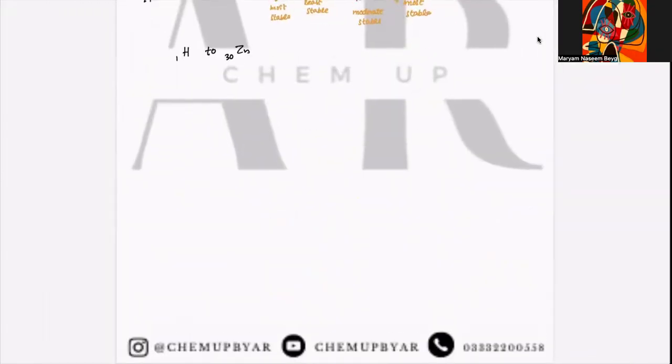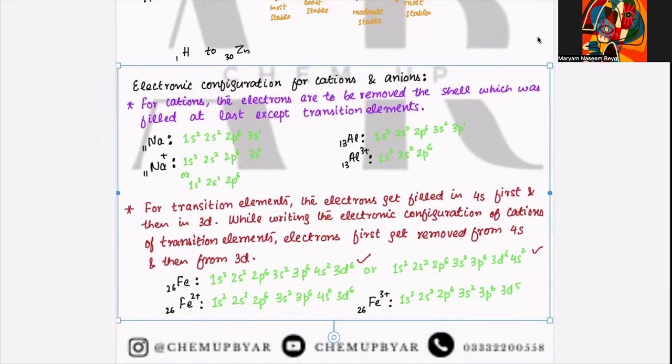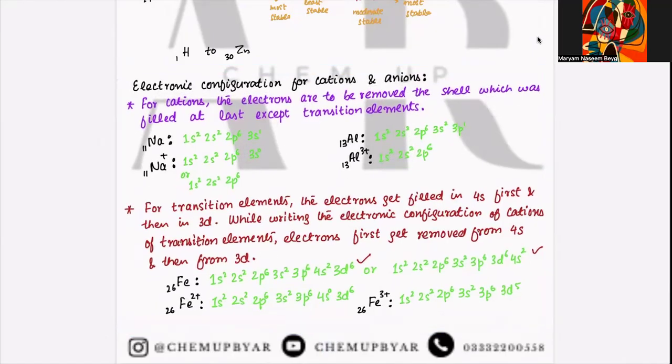What happens in cations is that they have fewer electrons, right? So we are going to remove their electrons from the valence shell. And the anions usually have more electrons, so we are going to complete the outermost subshell.